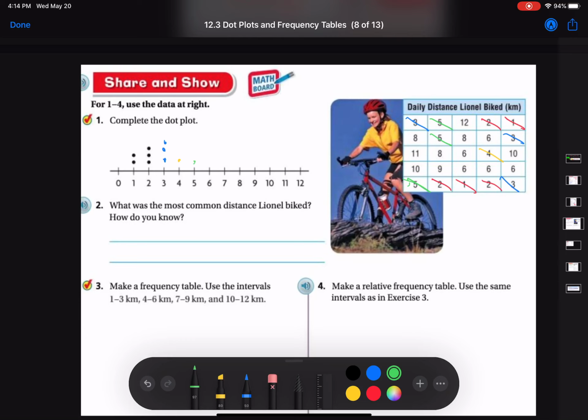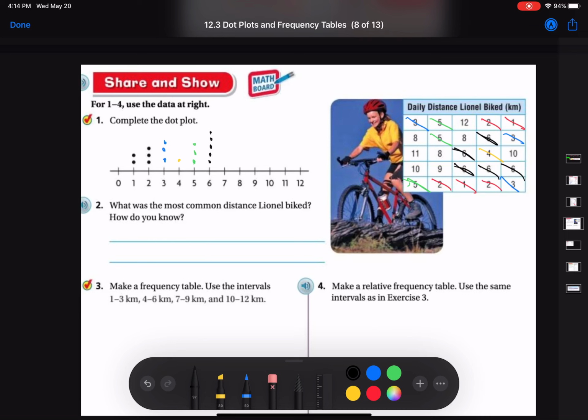So you're going to put 1, 2, and 3. And now 6. I need a different color. Let's do black. Okay, find the 6s. So there's 1, 2, 3, 4, 5. There's 5. So you're going to put 5.